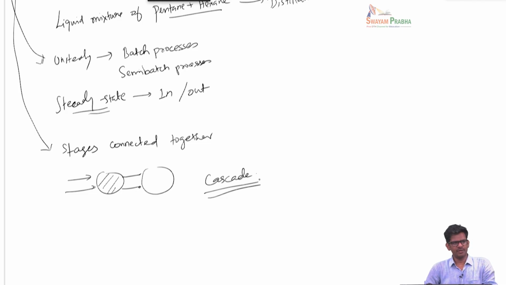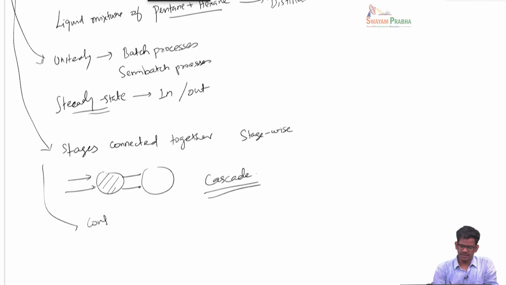So when we think about mass transfer operations, we again have single stage and multi-stage operations, and this is something we call stage wise contact. The other possibility is continuous contact. In this case, we don't physically separate the two phases.